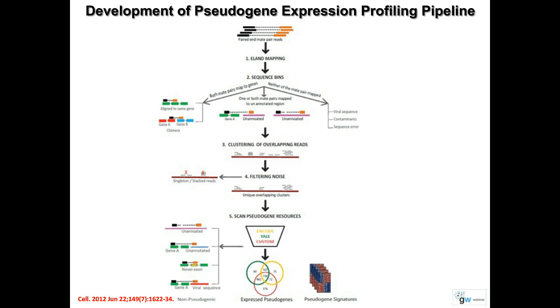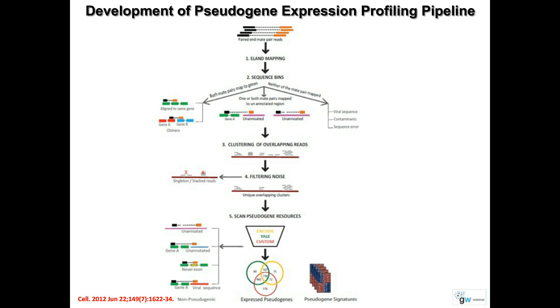Even in this paper, we described the pseudogene pipeline, how we separate the pseudogene reads from the wild-type gene sequence reads. Here you essentially need paired-end sequencing with long reads. When you have these mate pairs, you map them to the reference genome.